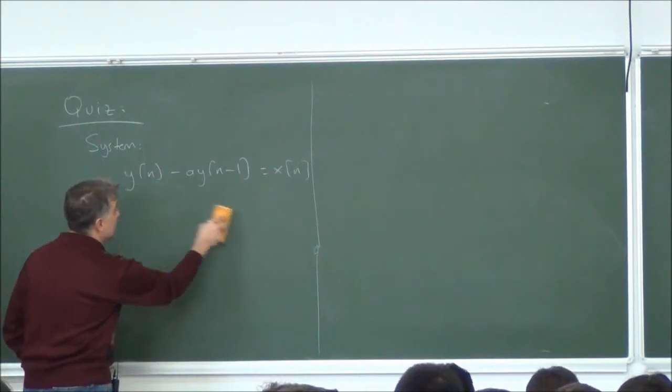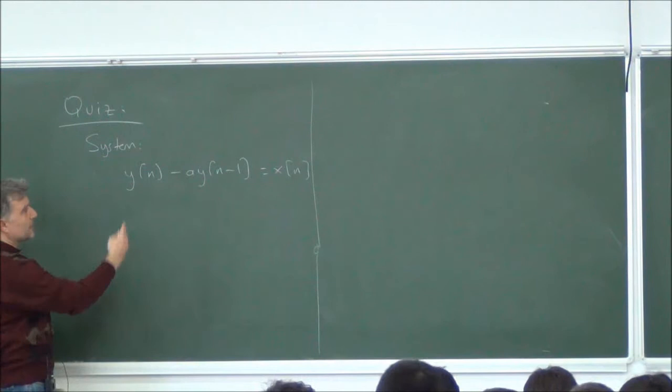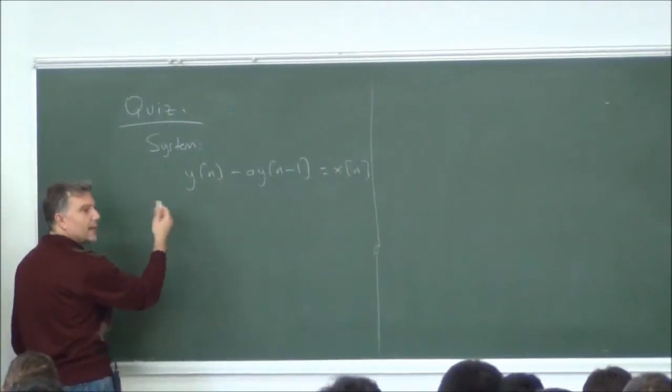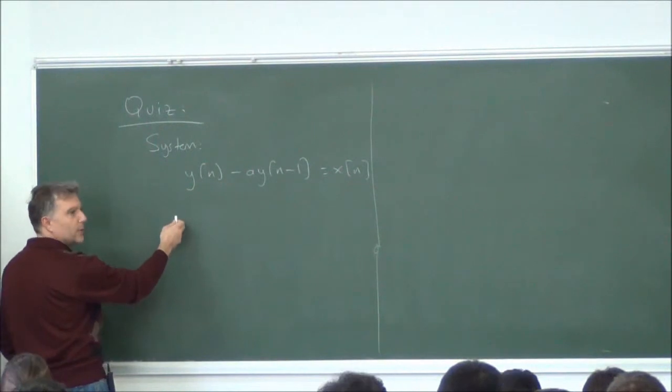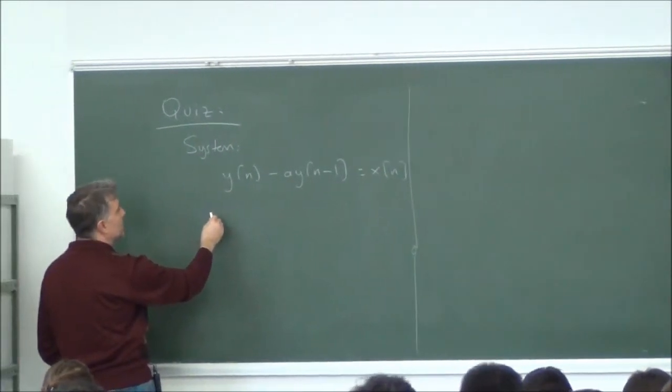We are asking the frequency response of a system with this kind of difference equation. The way to do it is to write everything in the Fourier domain. That is, take the Fourier transform of both sides of the equation.